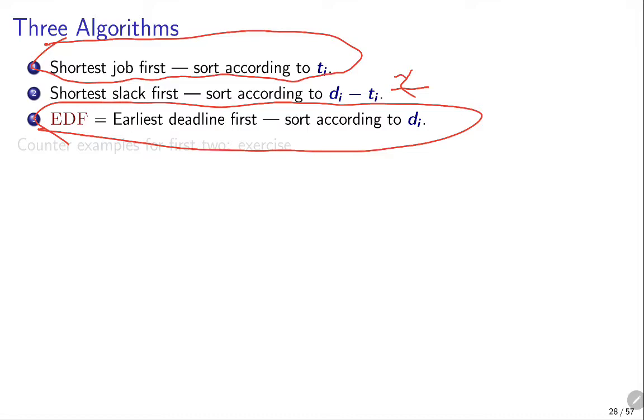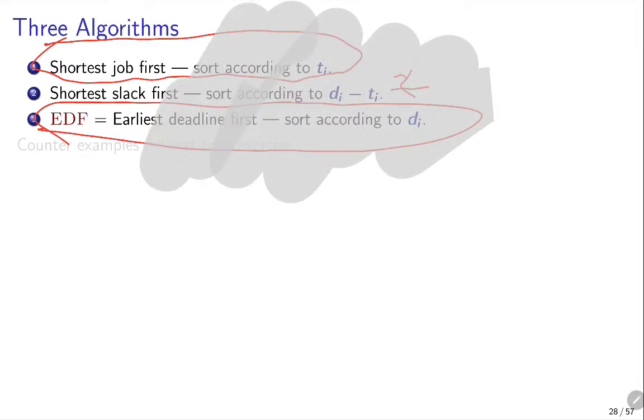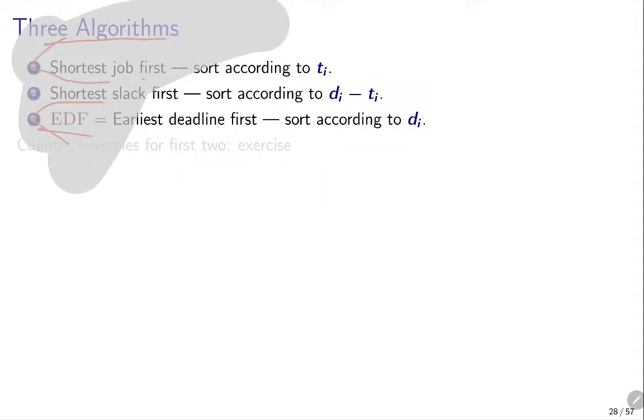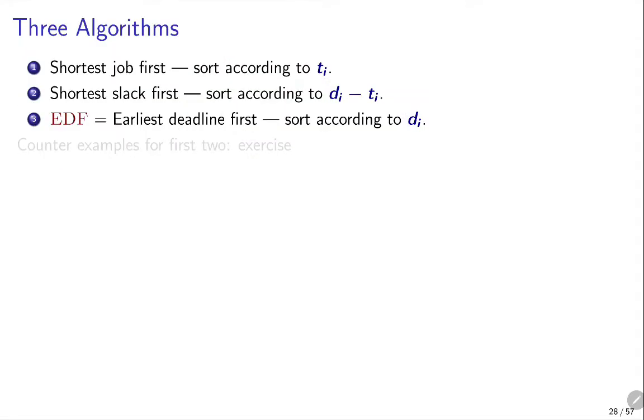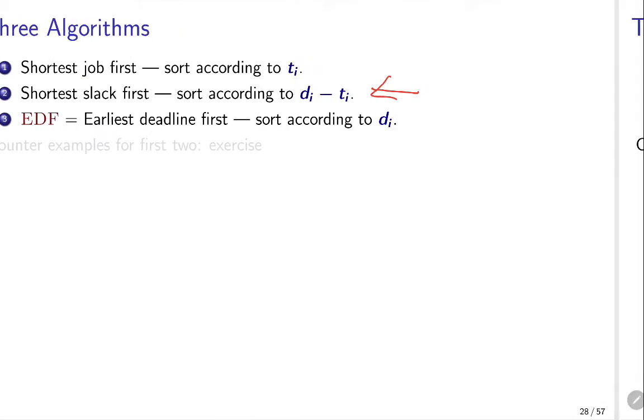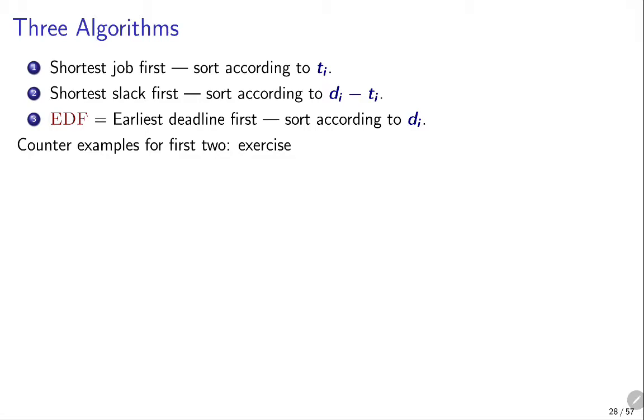In real life you wouldn't use it for personal things, because the time we spend on the job is something that usually is fungible, right? You can spend less time on a job if you really have to, and do a lousy job about it. So this is not a very natural strategy. Anyway, why don't you think about counterexamples to the first two strategies, showing that they are not optimal?